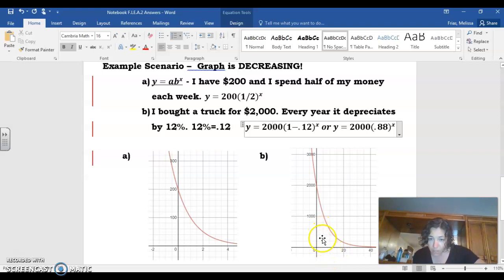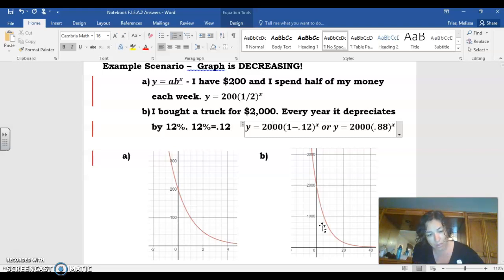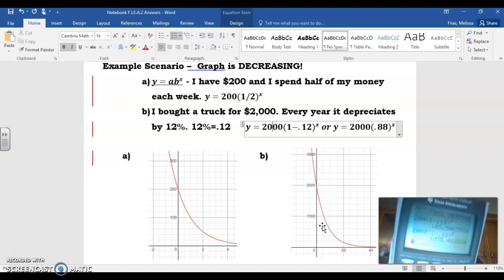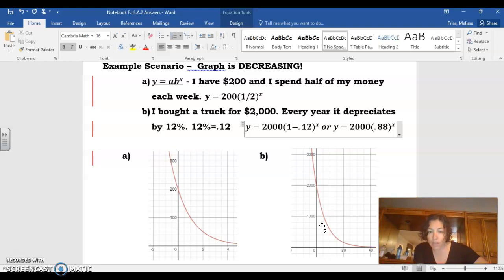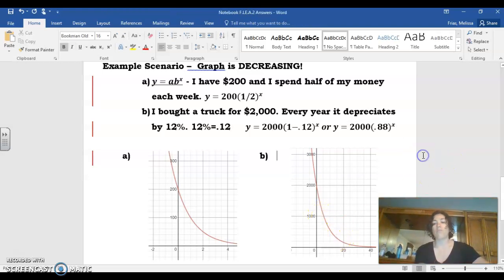Oh, I did 200, not 2,000. 2,000, let me try this again. 1 minus 0.12 to the 5th year would be, there we go. It would be 1,055. And if you look right here, it's right over 1,000. So hopefully that gives you a tad bit of an idea.